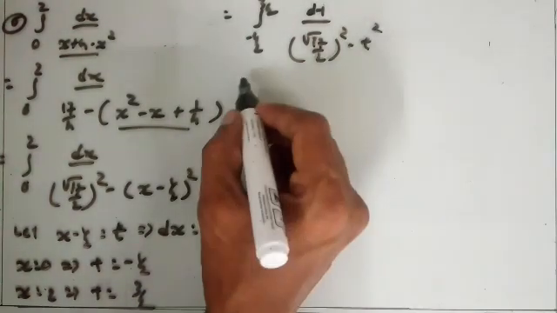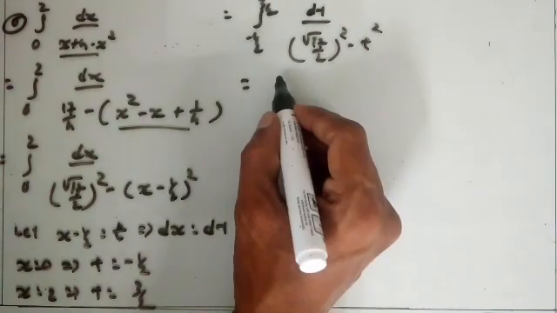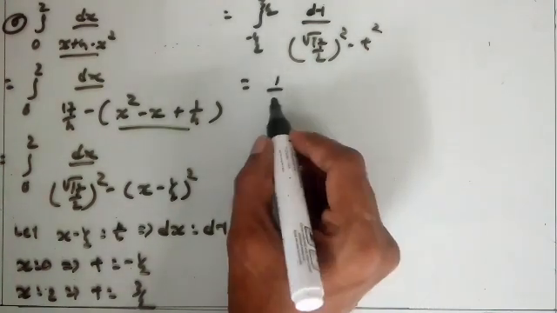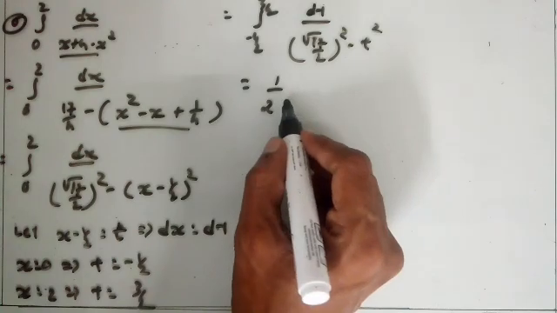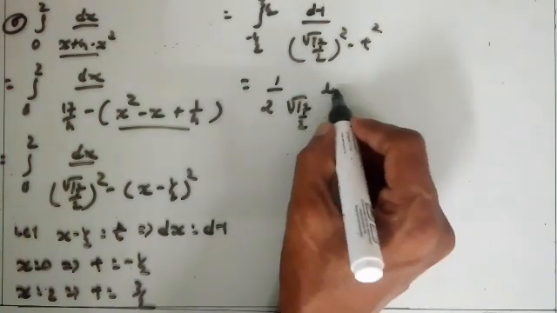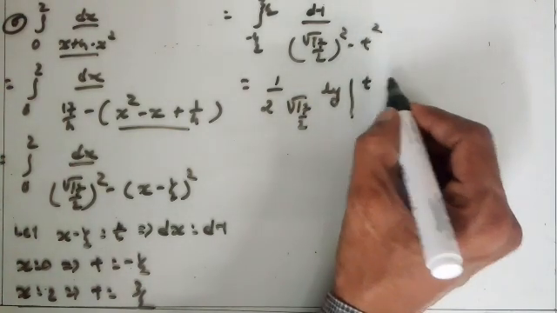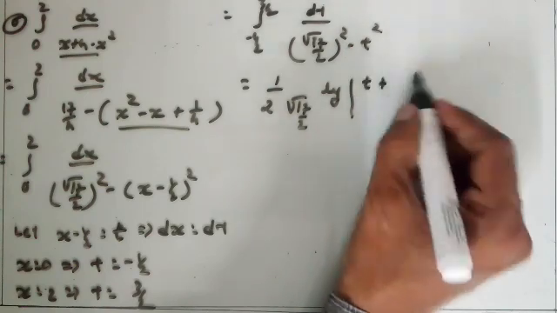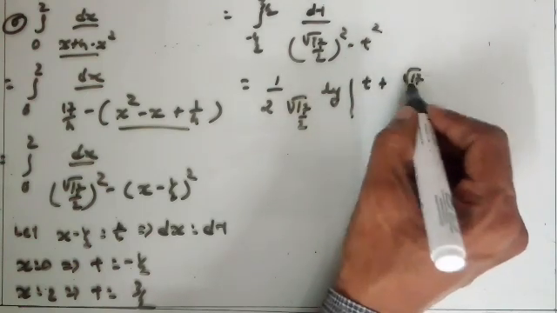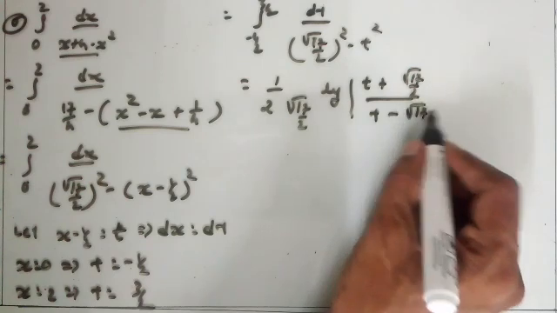Okay, so we know that integration of this is equal to 1 upon 2a log mod of (a plus t) upon (a minus t), where a is equal to root 17 upon 2, so it becomes t plus root 17 upon 2 upon t minus root 17 upon 2.